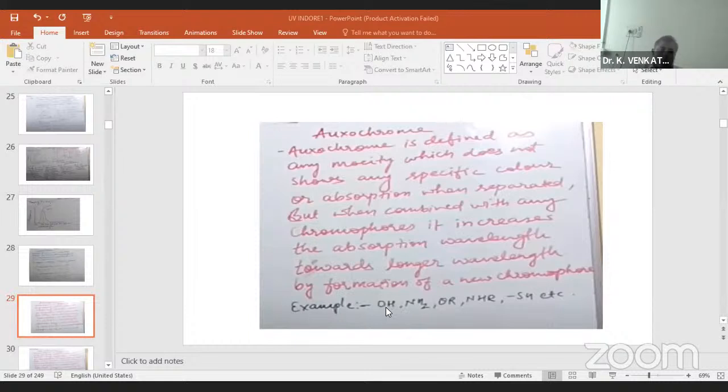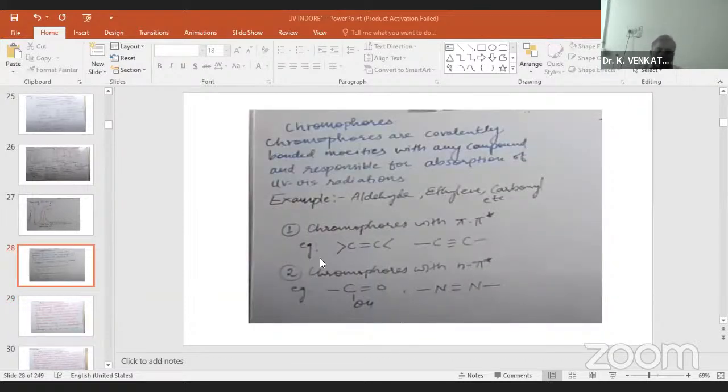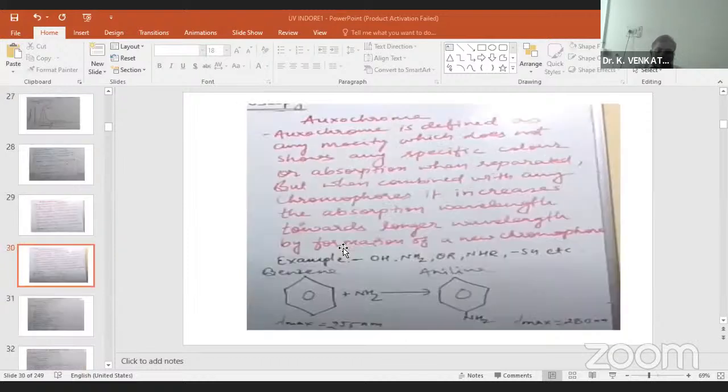For example, OH, NH2, NHR and so on are auxochromes.